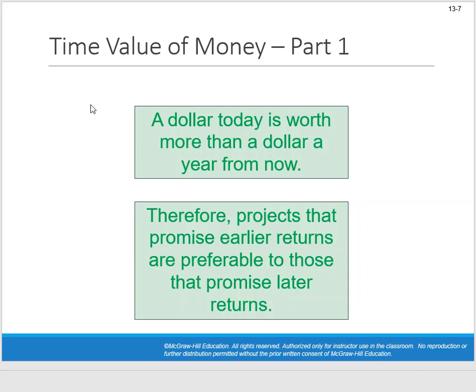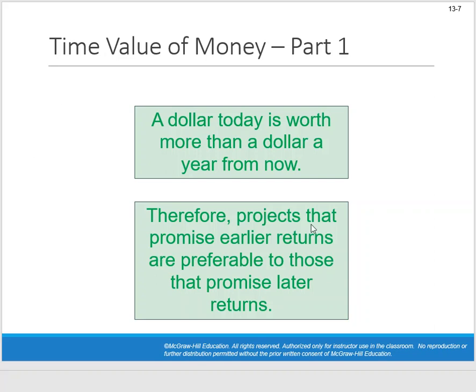But secondly, because there's power in having that money today rather than a year from now. And if you think about it, if we think really long term, what a dollar can buy today is more powerful than what it can buy a year from now. But go back in time. Ask your grandparents what they bought their first house for or their first car for. Clearly, the value of a dollar changes over time. And so that's what we have to factor in here.